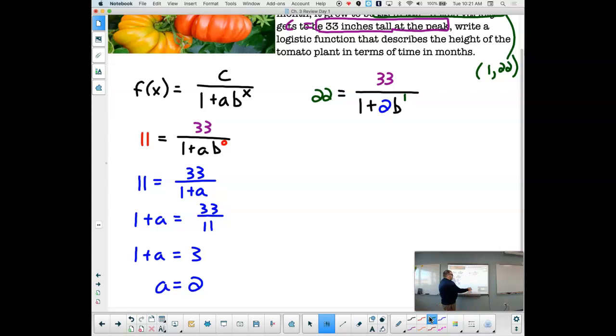Again, I can flip-flop the 22 and the 1 plus 2b. And so then 1 plus 2b is going to be 33 over 22. 33 over 22 reduces down to 3/2.